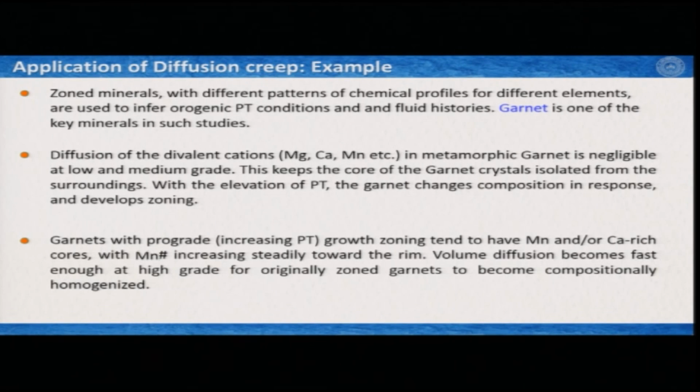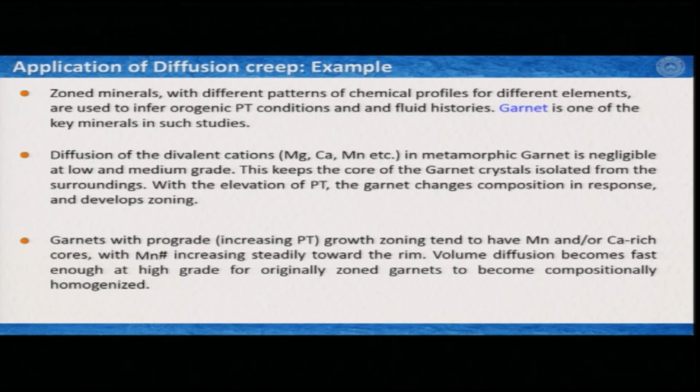So what happens here is that the diffusion of particularly divalent cations, for example magnesium, manganese, calcium and so on, in metamorphic garnet is negligible at low to medium grade. So if I have some distribution of these elements inside the garnet at low or medium grade metamorphism, then they stay there.